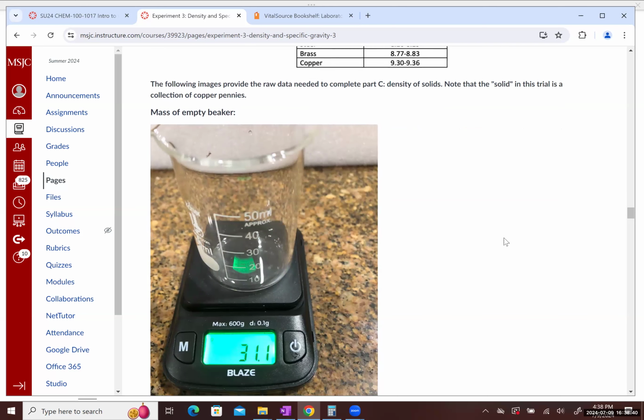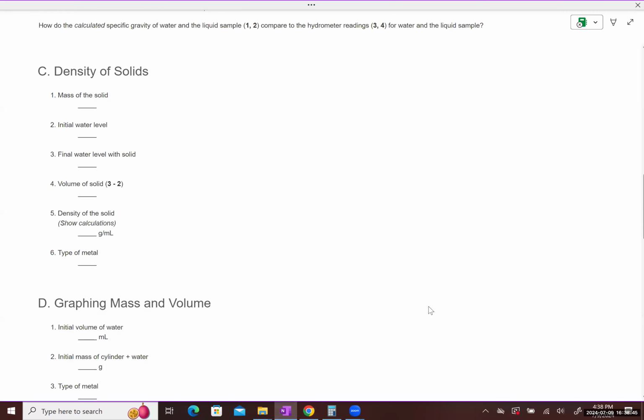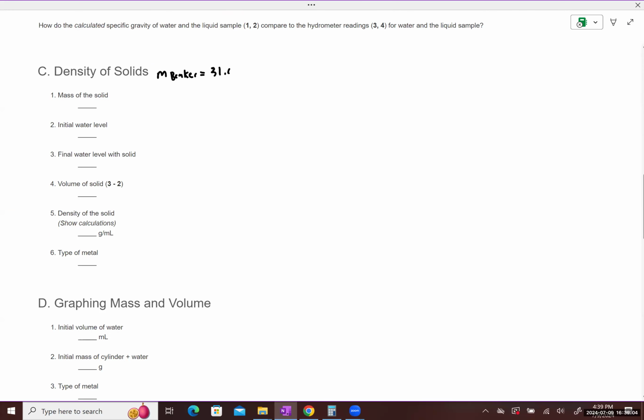Okay, so first and foremost, we have an empty beaker. Let's record the mass of that empty beaker. Again, we're determining the mass of the solid via difference. So we need the mass of the empty beaker here. So we have 31.0 grams. We need to know the mass of the beaker plus the solid.